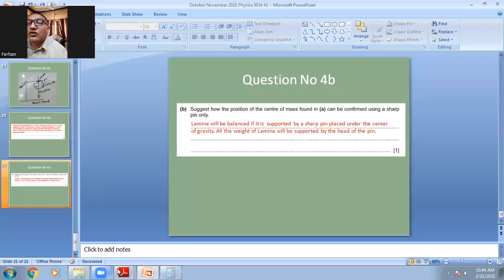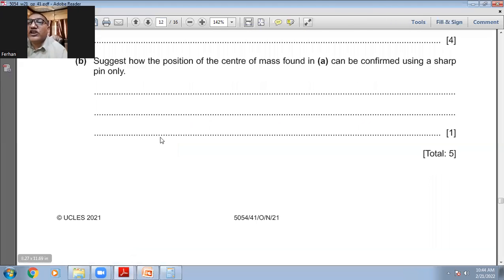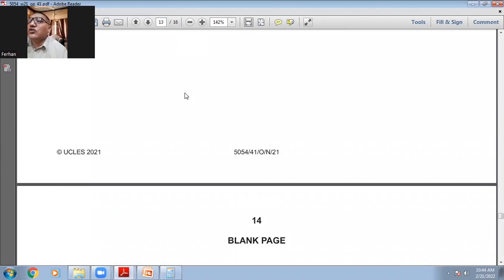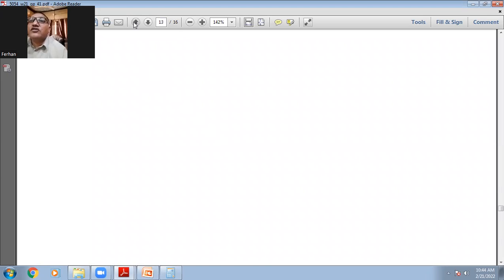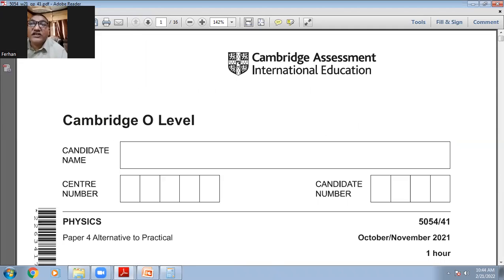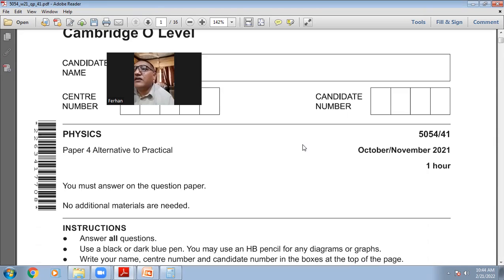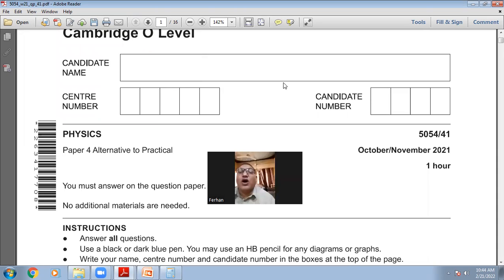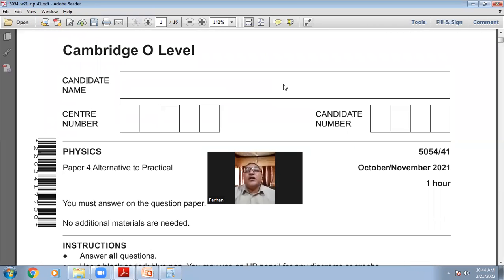So let's go check. So we are done with this paper. Today, my dear students, we have attempted an alternative to practical paper. In our practice, we have done October and November 2021 for one paper.